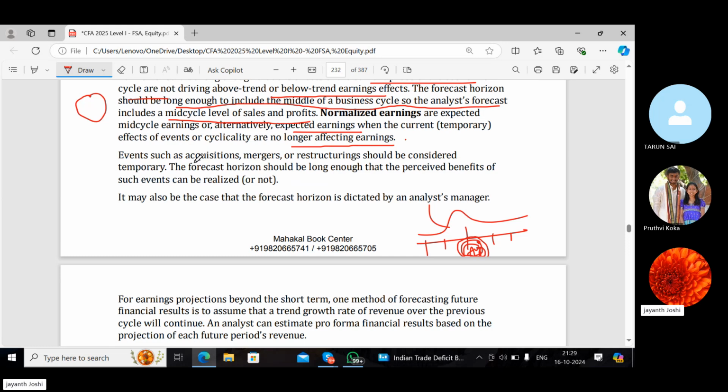Events such as any kind of acquisition or merger or restructuring which a company plans for in the future, you should consider them as temporary, because that will happen once and then things will move on. The forecast horizon should be long enough that the perceived benefits of such events can be realized, or you will not be able to see the benefits.